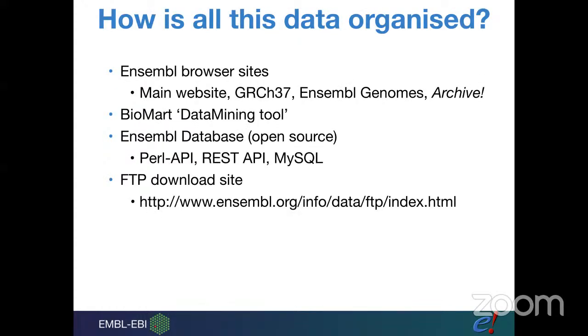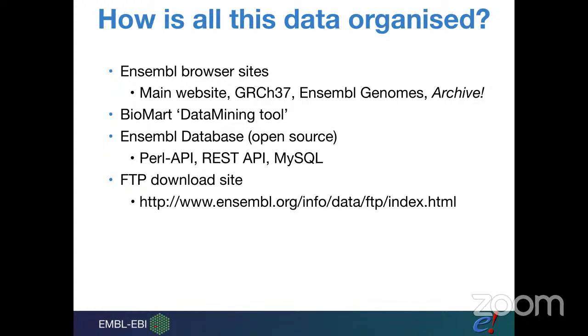And Ensembl data, you can access this by using our website, which includes the main website, but we also have Ensembl GRCh37, which is the previous human genome assembly, a site dedicated to that. And then we also have the Ensembl sister site, Ensembl Genomes, which is dedicated to non-vertebrates, and our archives are also available for the previous Ensembl versions.